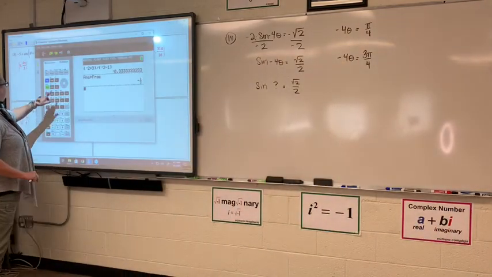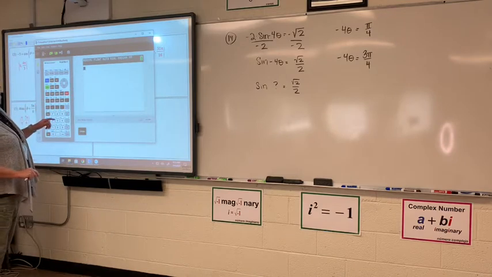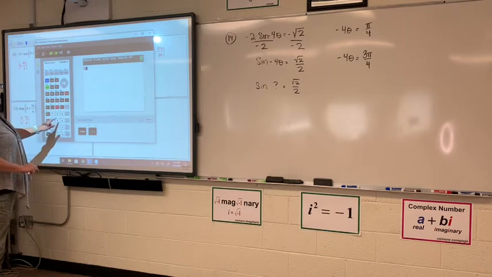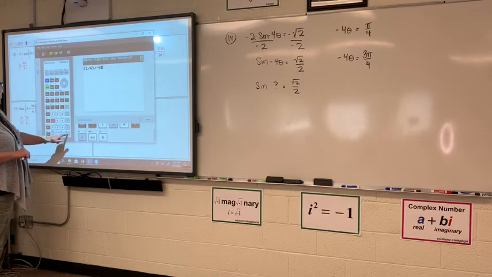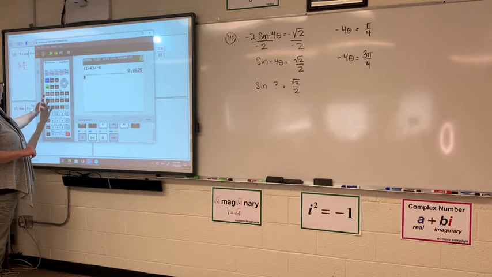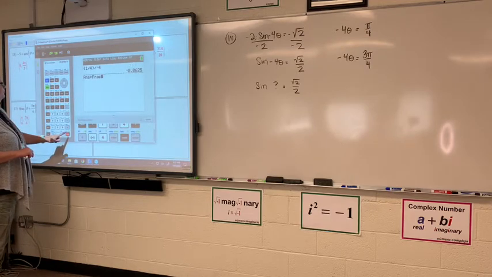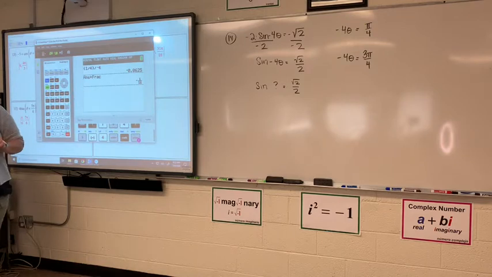Okay, so clear. So I have 1/4 pi, and I'm just going to keep pi out of it for now, divided by -4. So math, enter. All right, so that's -1/16. So how can I make that positive? Okay, yeah, you're going to add 2.